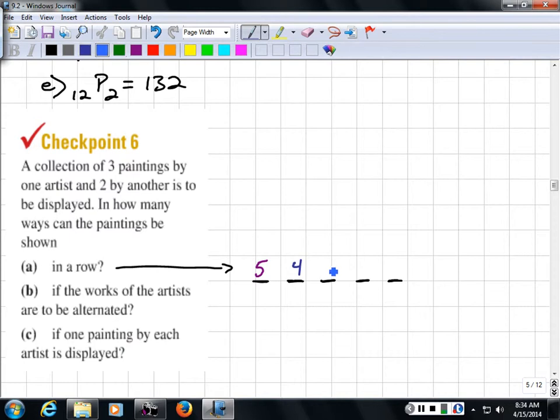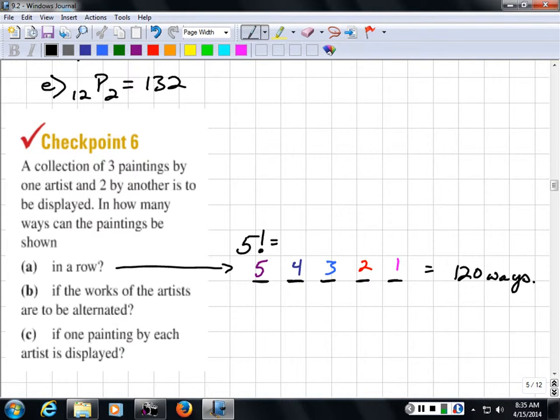And then it drops to 3, then 2, and then 1, i.e. 5 factorial. And that is going to be equal to 120 ways to hang those 5 paintings in different order. Notice that I'm not asking you what the 120 ways are. I don't care.